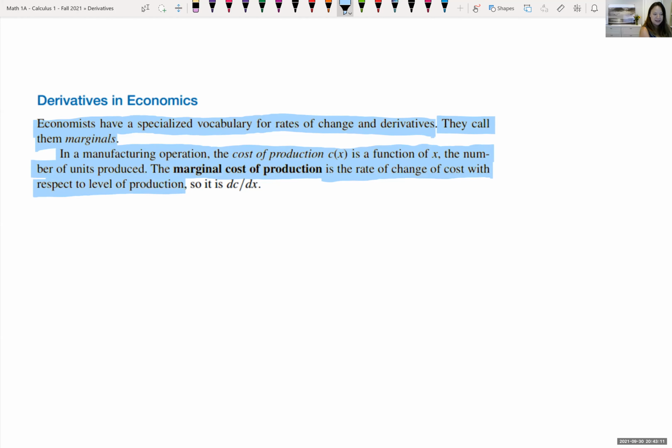To find that, we look at dC over dx, or the derivative of our cost function with respect to x. If it's talking about marginal revenue, then we're looking at the rate of change of the revenue with respect to the number that we've produced. And if we're talking about marginal profit, we're looking at the rate of change of our profit depending on the number of units produced and sold.